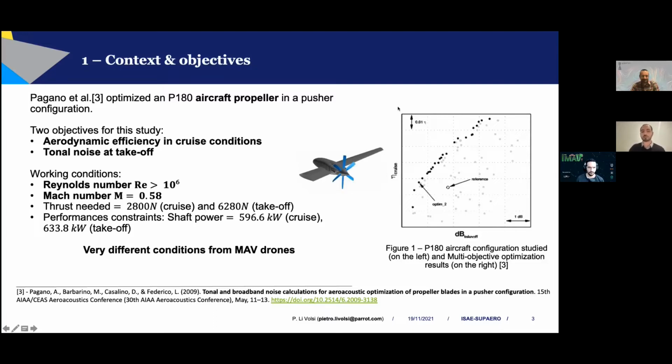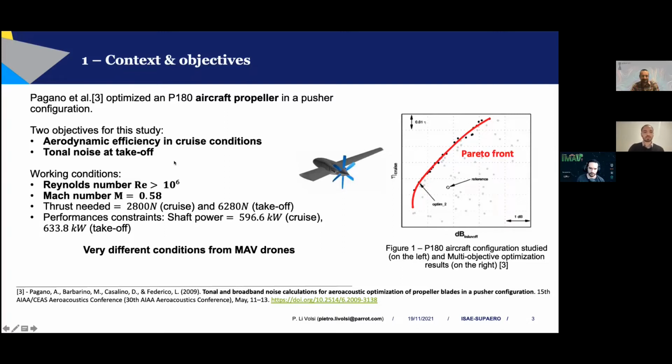So the best geometry would be here in the upper left part of the graph. As you can see, there is not one optimized result, but there are different optimized results that belong to the Pareto front that is shown here.